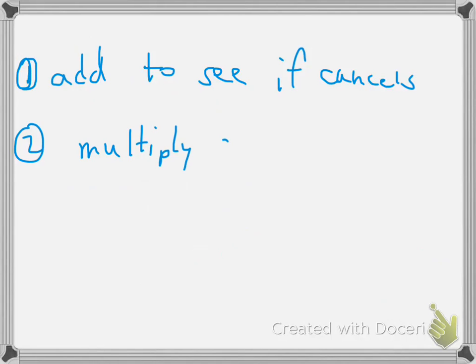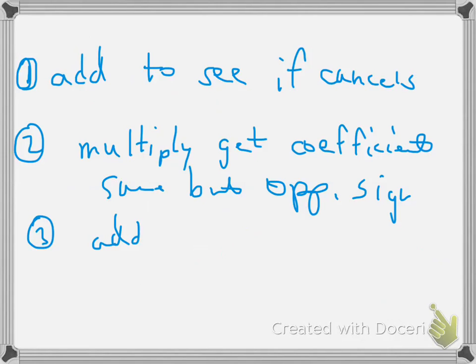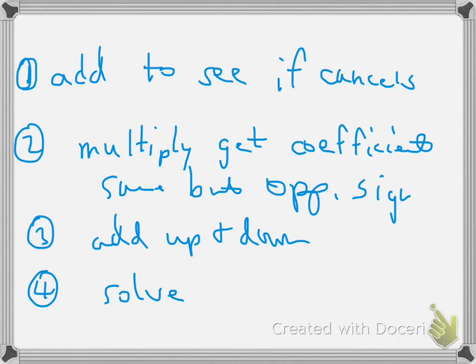So you multiply to get the coefficients the same but opposite sign. Then the third thing you do is add up and down, and then after that you solve for the variable. Then you plug that answer back in. You do the same thing for the other variable. So if you eliminate x first, then you go back and do the same steps to eliminate y.